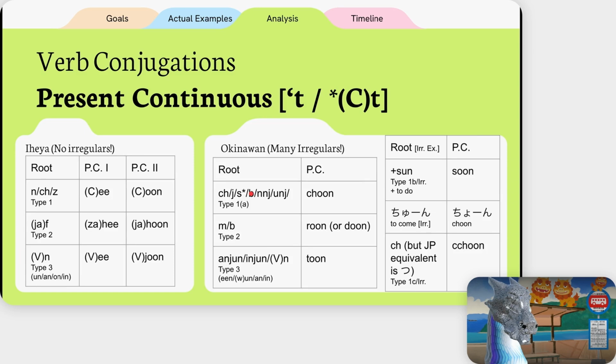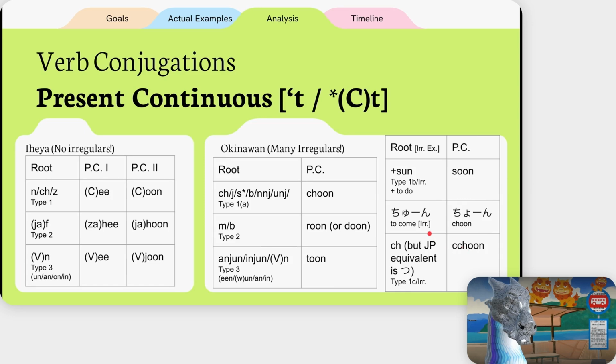For example, if it's something plus to do and not combined, like separate or just a word to do, then the present continuous is just son, and then chun, son, and then see, but the Japanese equivalent is something tsu. Then you end up having zhong with a glottal shows up at the very beginning, like zhong, machong is zhong instead of just machong. Okay?